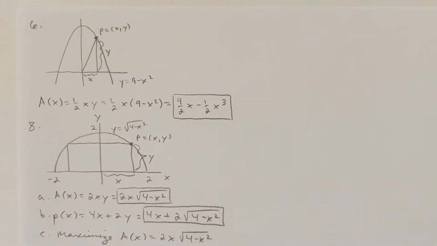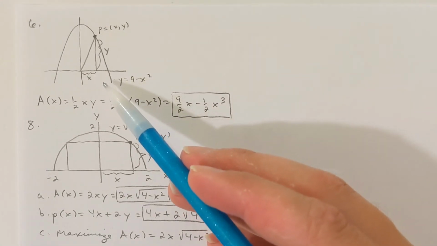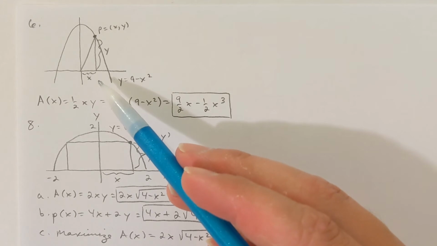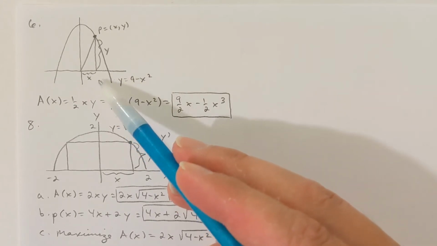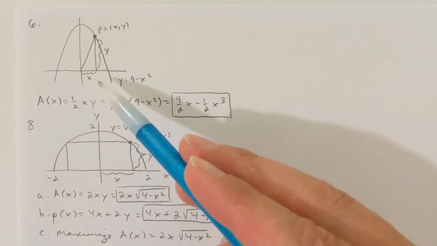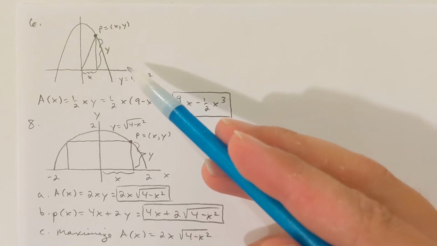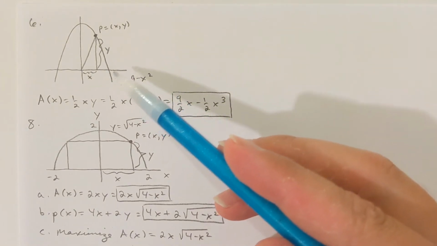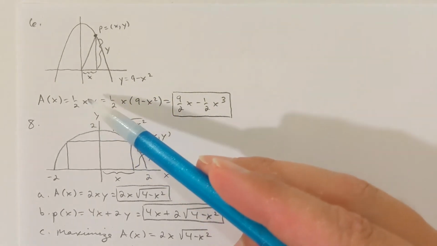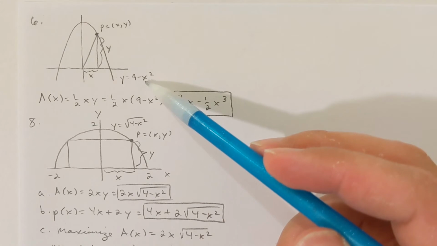Okay, so I got x, y. X is positive, and x is on the positive end of the x-axis. Y is positive. X is not given to me. Y is 9 minus x squared.